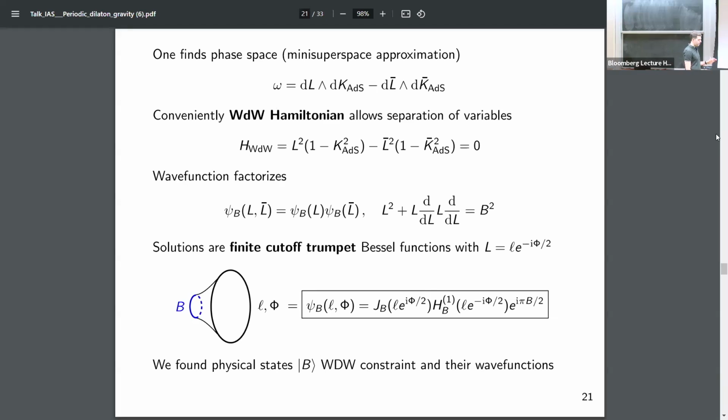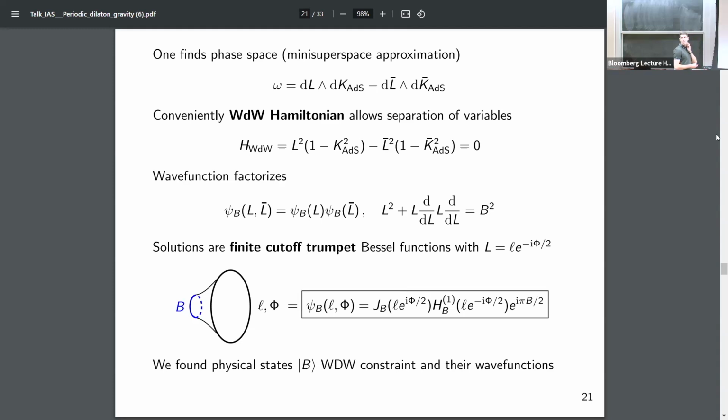Because, as Juan said, the phase space is 4D, but the Wheeler-DeWitt equation eliminates one degree of freedom. Suppose we eliminate K bar, then L bar has no symplectic form, so we can gauge it to whatever value we want. Then you have just a 2D phase space remaining, which means that your physical states will be labeled by one parameter. This parameter in this case is the length of the trumpet.